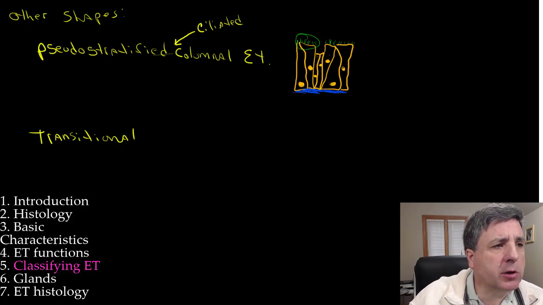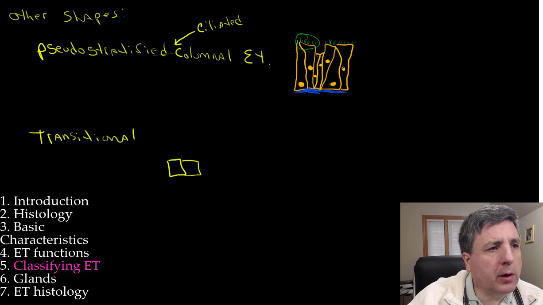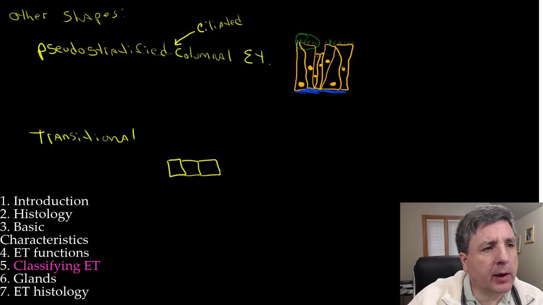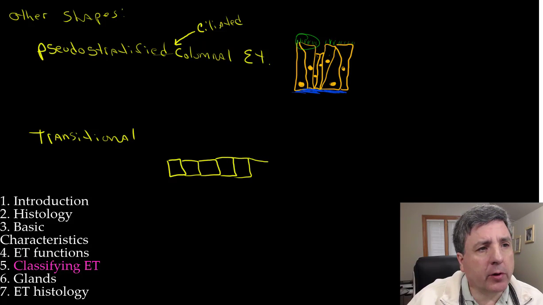Now, what those look like is something like this. So let's just draw. This is going to be kind of at the basolateral surface. Okay, so they're going to be more cuboidal in shape. Now, again, how do we name the shape?